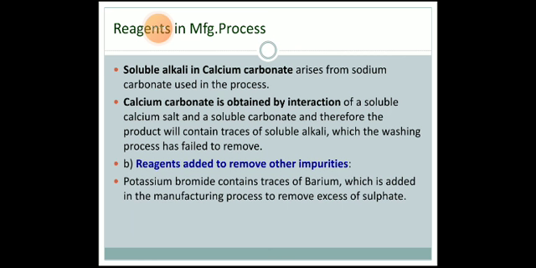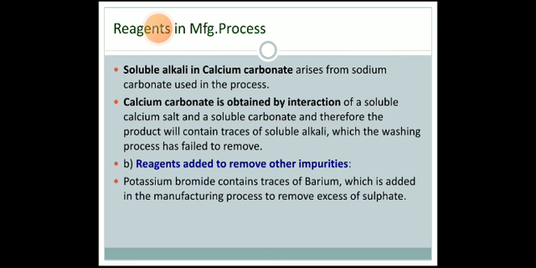Calcium carbonate is obtained by interaction of a soluble calcium salt and a soluble carbonate. The product contains traces of soluble alkali which the washing process has failed to remove.